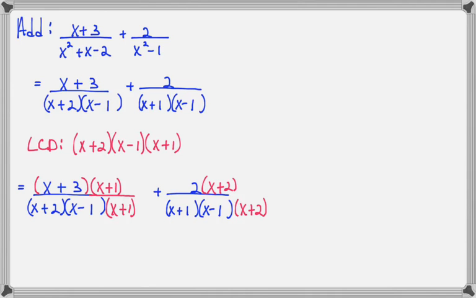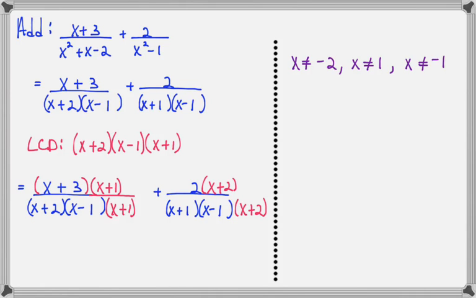We're going to end up actually doing this multiplication and this distributing because there's no other way to combine the like terms in the tops if we don't go ahead and do the multiplication. However, before we start, let's go ahead and figure out what's going to be left out of the domain.